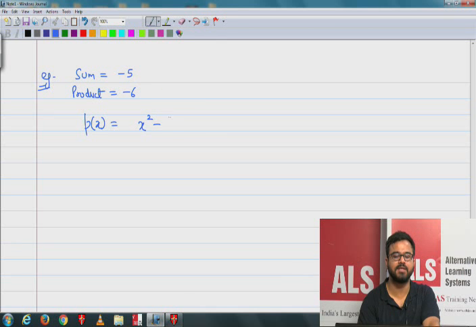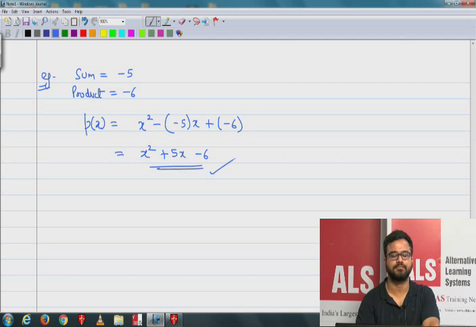So x square minus sum of zeros, sum of zeros is minus 5, plus product of zeros. So it will become x square plus 5x minus 6. All of you are getting this? If you don't have any doubt till now, please raise your hand.